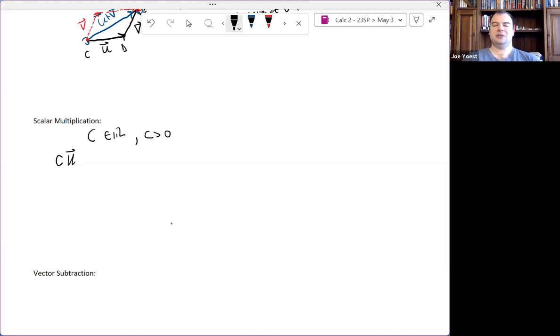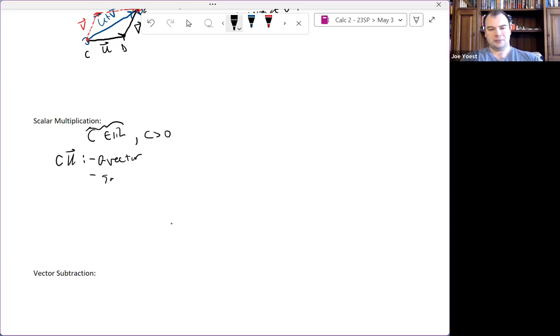There's actually something called the dot product, and we don't want to mistakenly think that this is the dot product. So I'll just write it as CU bar, omitting any notion of times. We understand that C is a real number because C does not have a bar over it. This is a vector. So if I multiply a vector by a scalar, I get a vector.